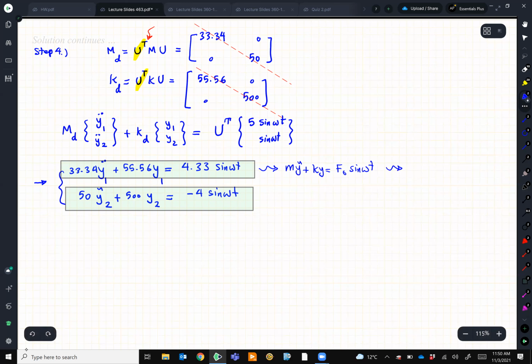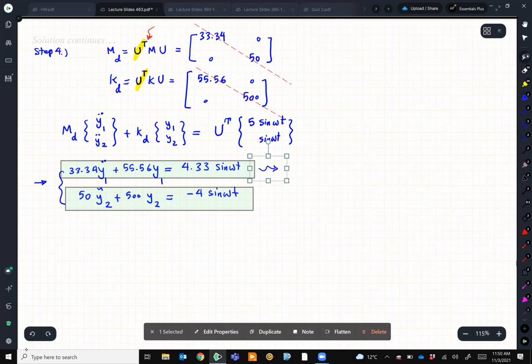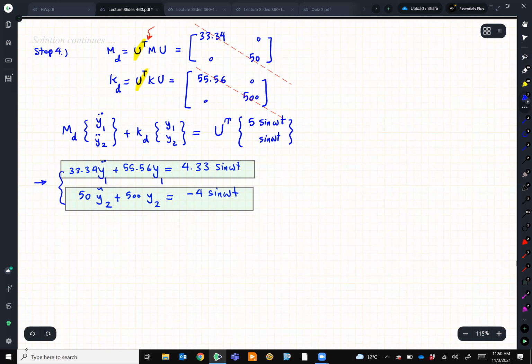Let me write it on the corner. So when you have m x double dot plus k x equal to f0 sine omega t, you know the response of this system is f0 over k, 1 minus omega over omega n squared, sine omega t.